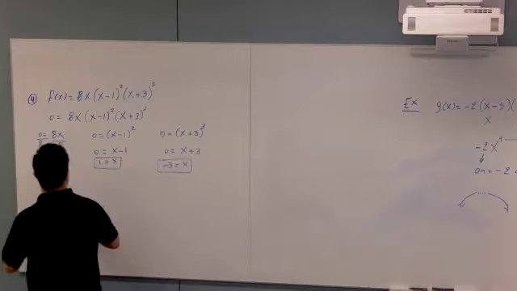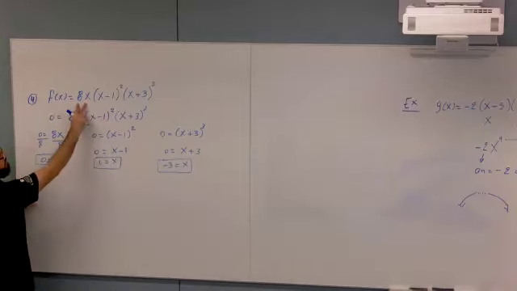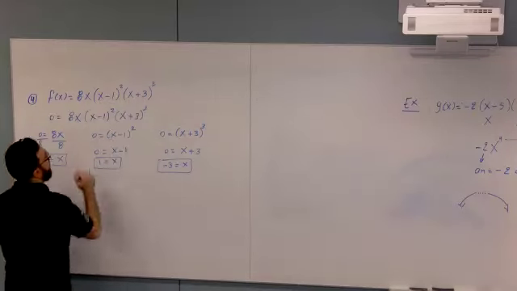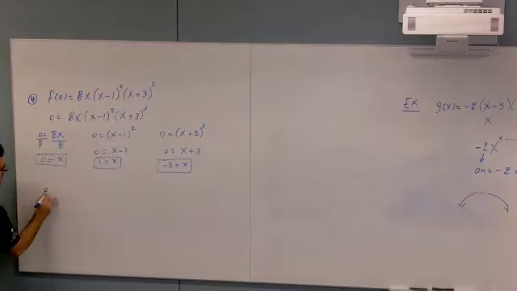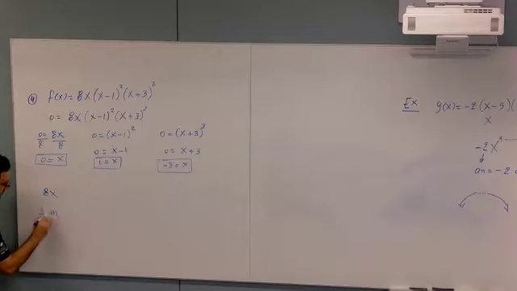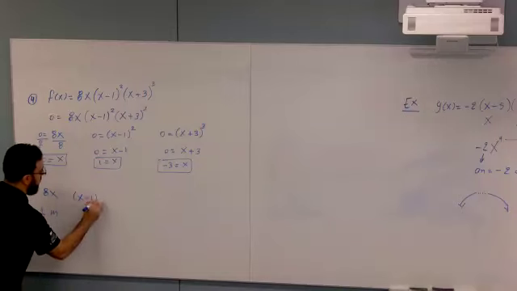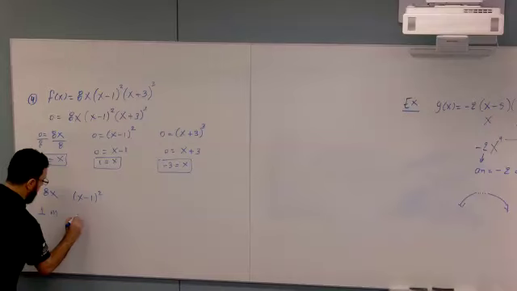Now tell me, this one is the first factor, this one the second one, and this one the third one. On this factor, how much is the multiplicity? 1. So this one is multiplicity 1. Okay. On the second factor, which is x minus 1 squared, how much multiplicity? 2.